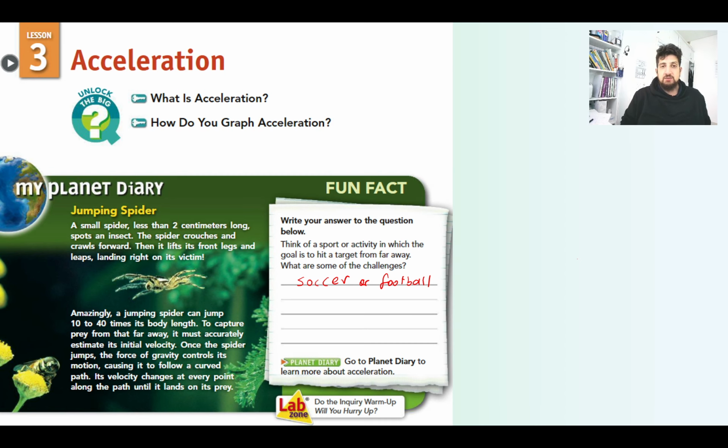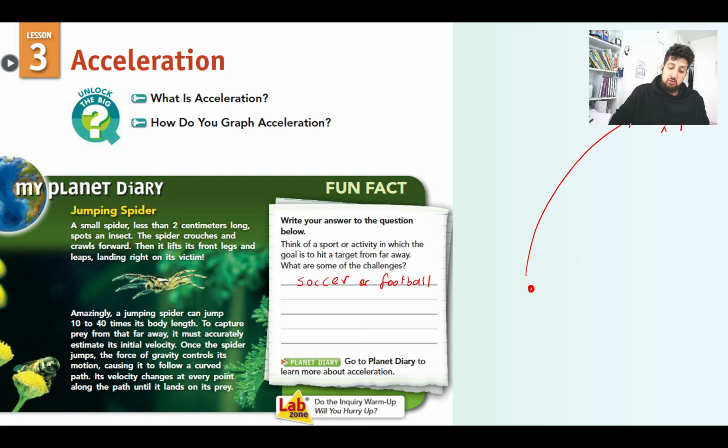Basically, you've got to think about if the goal is over here, and the goalkeeper's in here, and you're trying to hit the ball from over here all the way onto the goal. First of all, you account for the curve because the ball is going to go down.